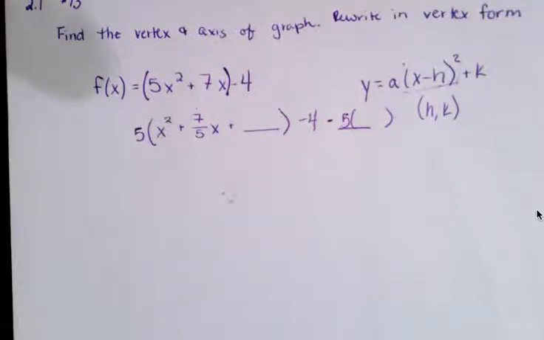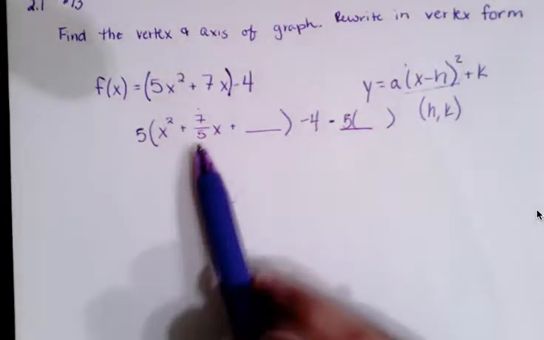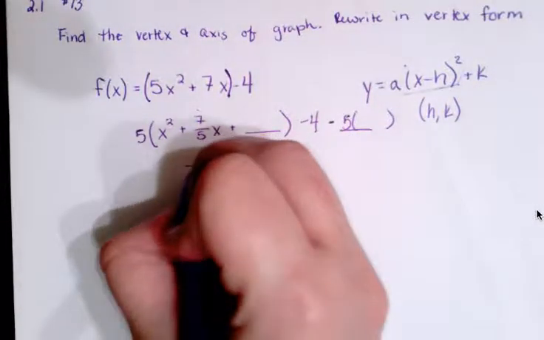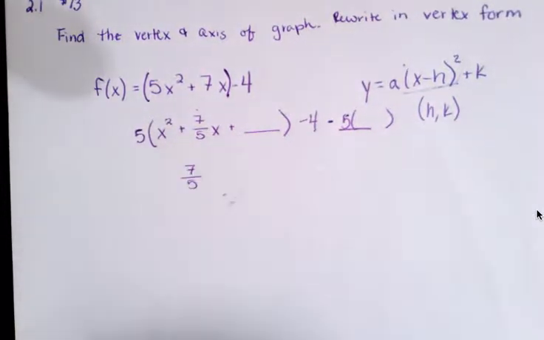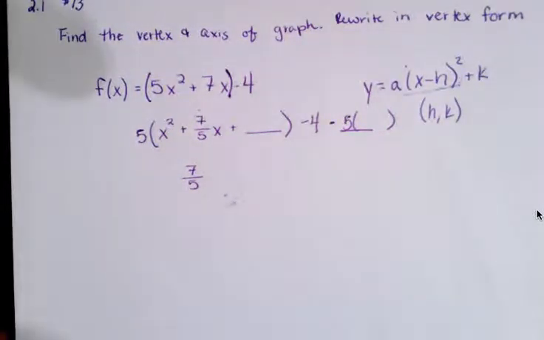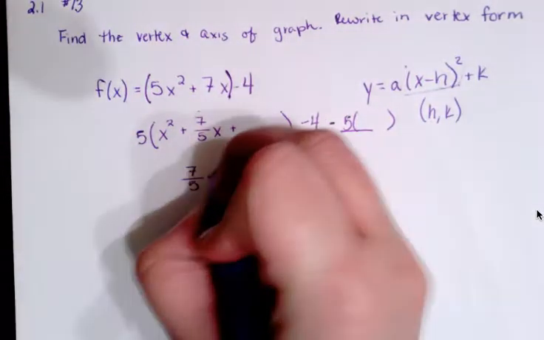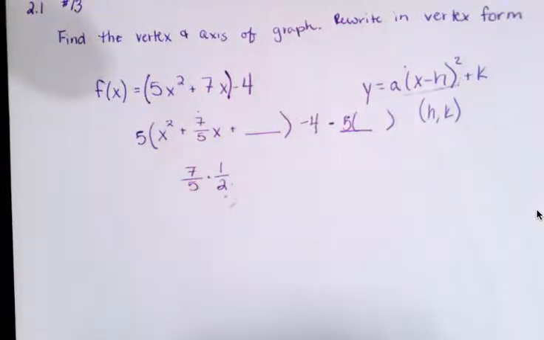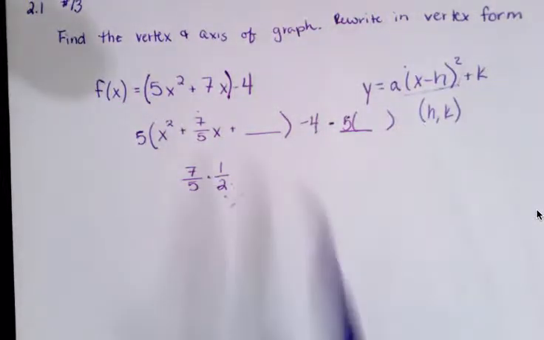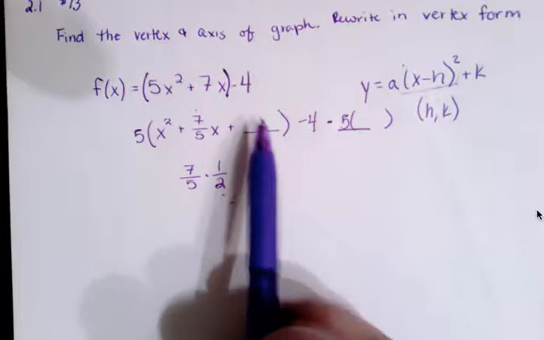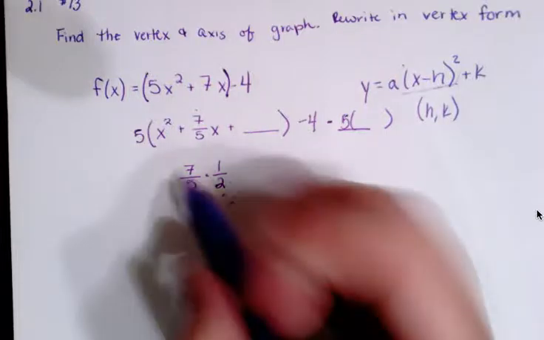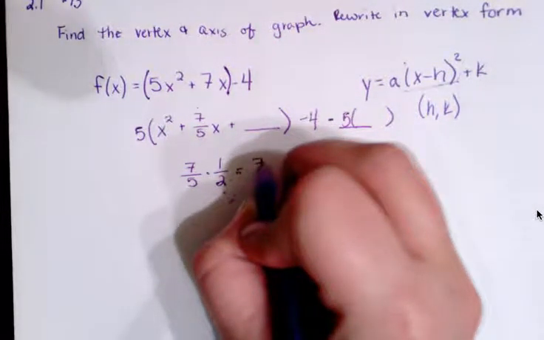Now, to complete the square, remember, you take your middle term, so 7/5, and you divide it by 2. But dividing by 2 is the same as timesing by 1/2. Since we're dealing with fractions, it's easier to think of timesing by 1/2. So you take your middle term, divide it by 2, and then square it, and that's what you add here. So this becomes 7/10.